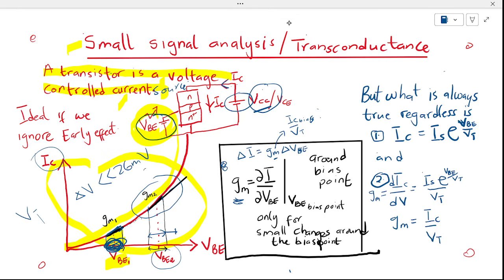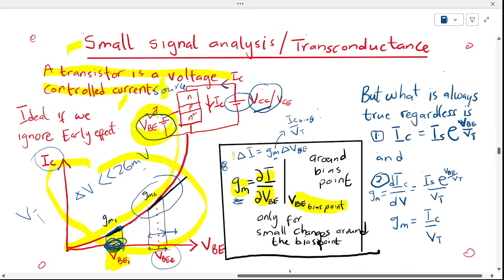So back to the highlighter. So at or around a bias point, so a bias point will be around a fixed VBE. If I introduce a signal and that signal brings some small changes, then if I differentiate the current, small changes in current with respect to small changes in the VBE will give me the transconductance.